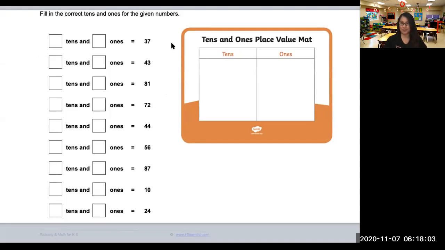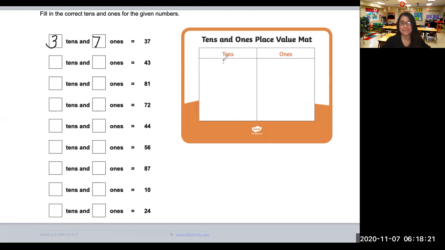Now look at the first one. We have the number 37. So what does 37 mean? 37 means there are 3 groups of 10s and 7 ones. So what does it mean?